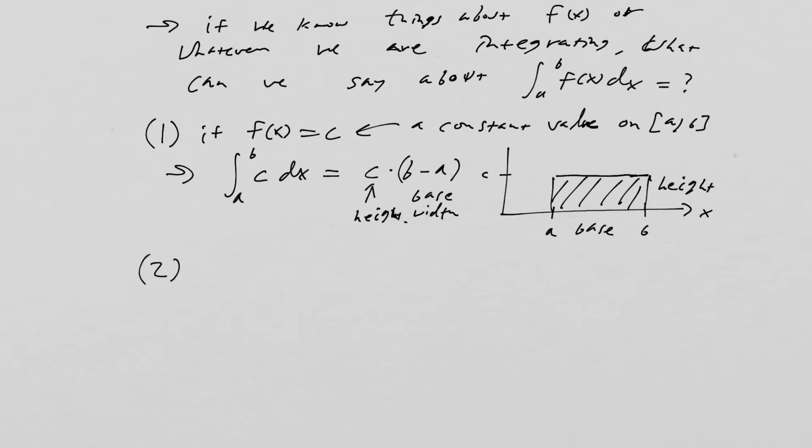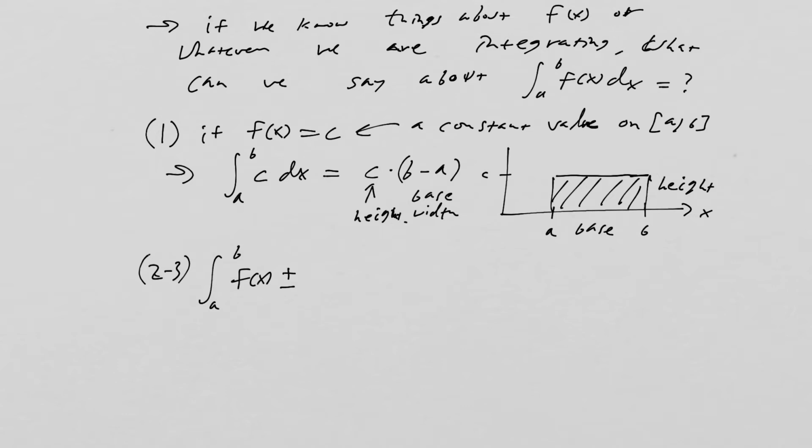Okay, so the next property I'm going to talk about is again a fairly straightforward property. Now suppose I have two functions, f of x and g of x. I should mention that I'm going to call this property 2 and 3, just because we'll do both of them together.